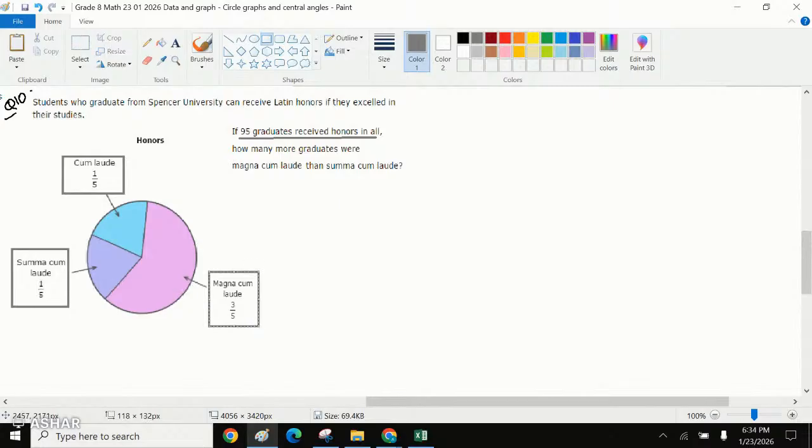So these were the three categories, right? C, S, and M, I'll just abbreviate it. So if the total graduates were 95, how many more graduates were magna than summa?